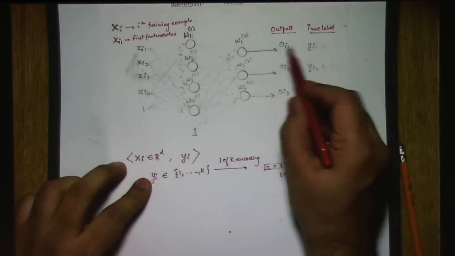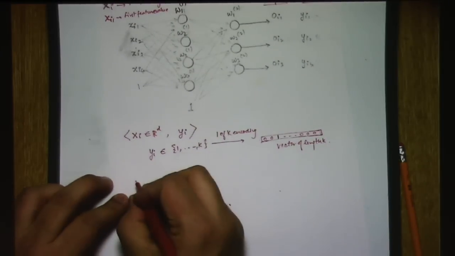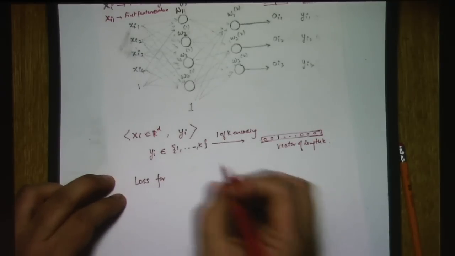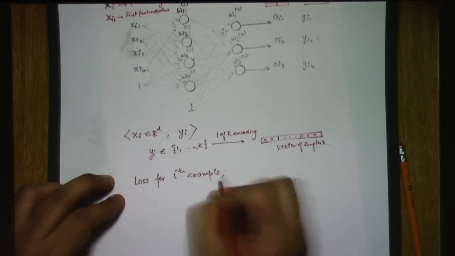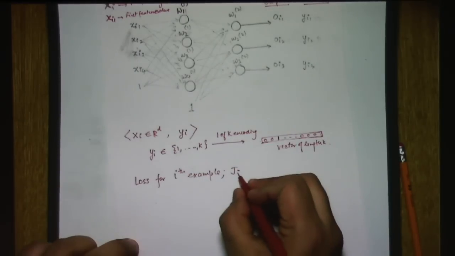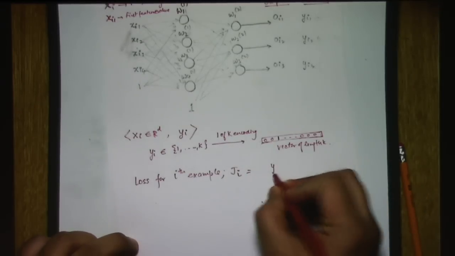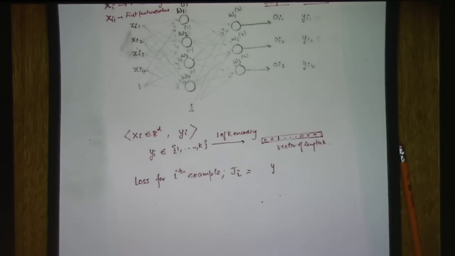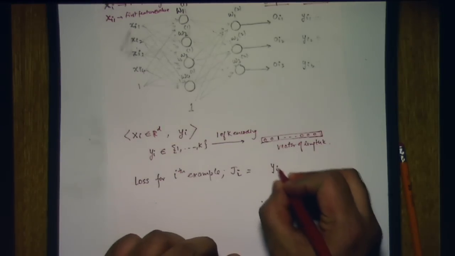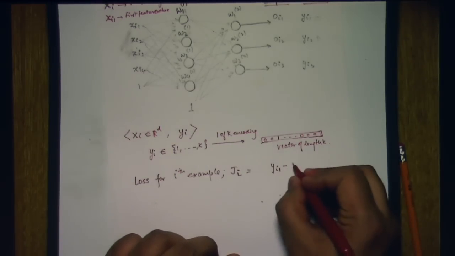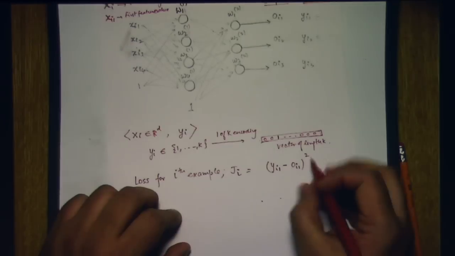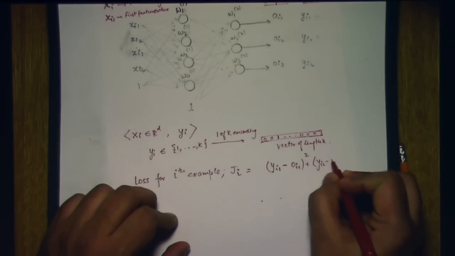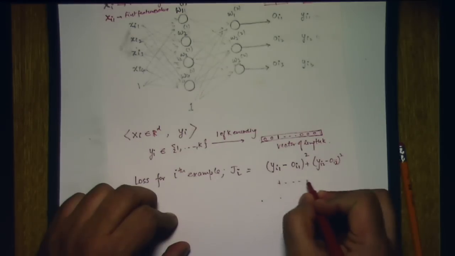The loss for the ith example, which I'm going to denote by J of i, is equal to yi1 minus oi1 squared, plus yi2 minus oi2 squared, and so on until k, because there are k values.